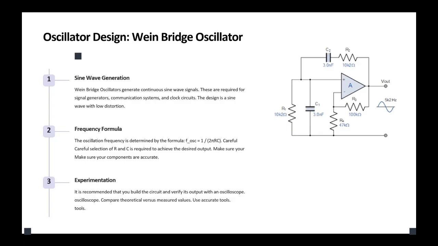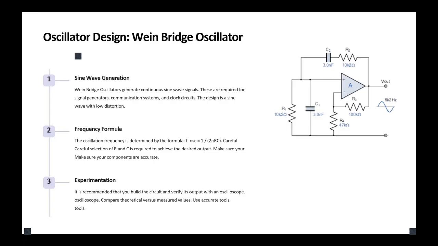One is the loop gain, meaning the gain from input through the circuit back to the input, should be equal to 1. Two, the total phase shift around the loop must be 0, or a full 360 degrees. Now, the Wien bridge oscillator is special because it meets both of these conditions at one precise frequency.